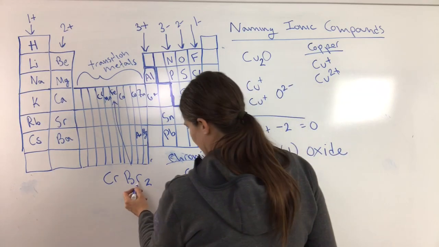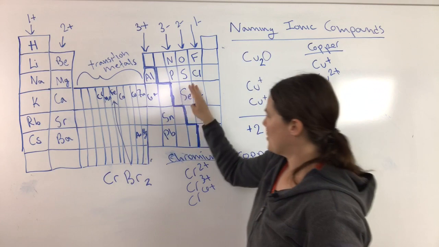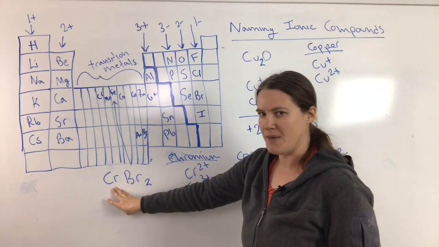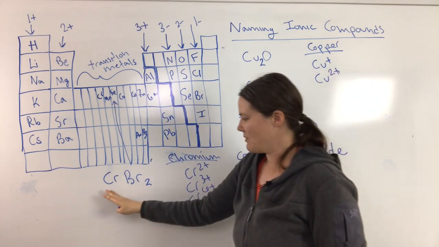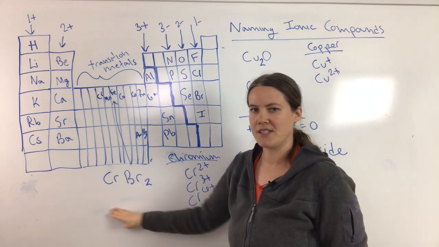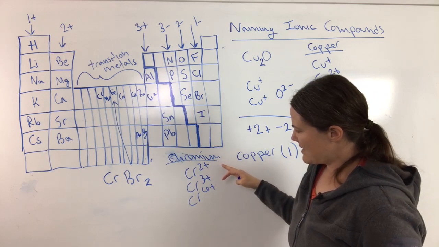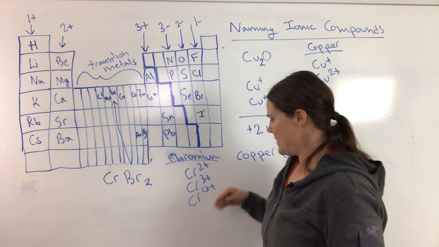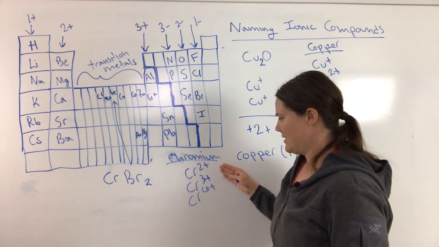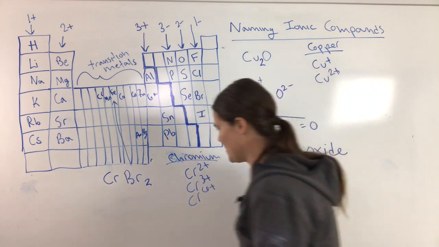So we know that this chromium is a metal. We know that bromine is a non-metal. It's right here. So we have a metal and a non-metal, so we know that this is forming an ionic bond. And so in order to write the name for this compound, we need to figure out what charge this ion has that's forming this bond.